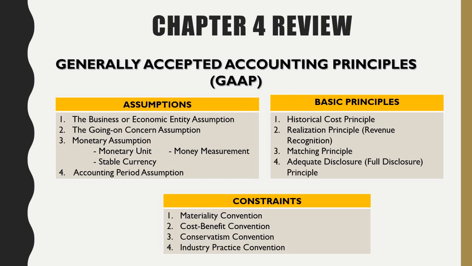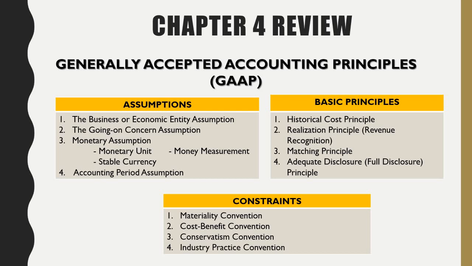That is definitely going to be a decision for manufacturers, right? How much is it going to cost me to weigh out the benefits of me producing the product, right? So in this case, I will not test you on the last 4 generally accepted accounting principles here, okay? So no constraints on here, okay? I will test you on your assumptions and your basic principles.